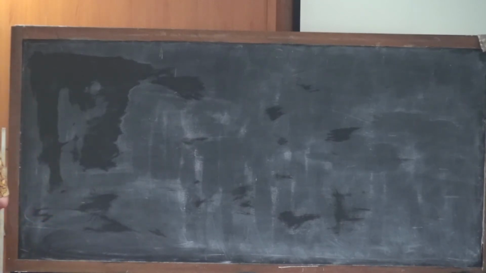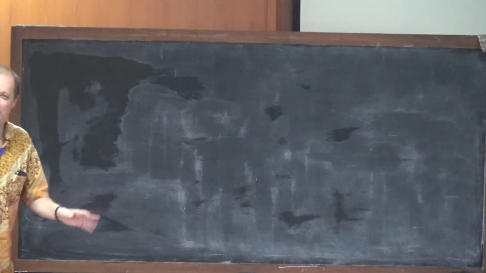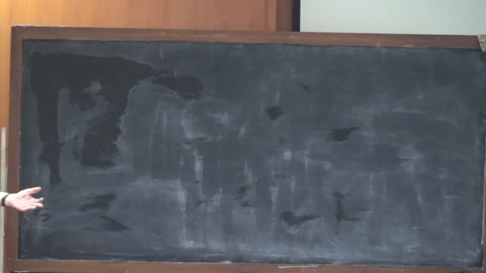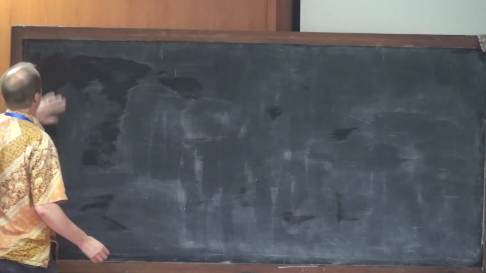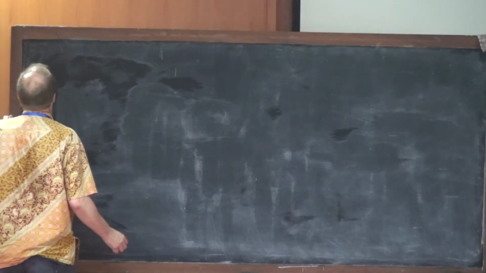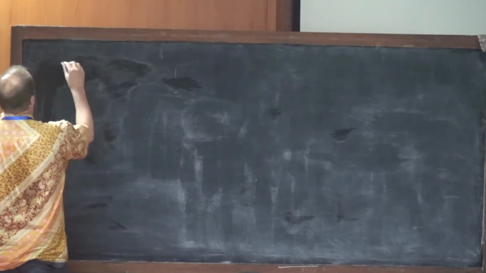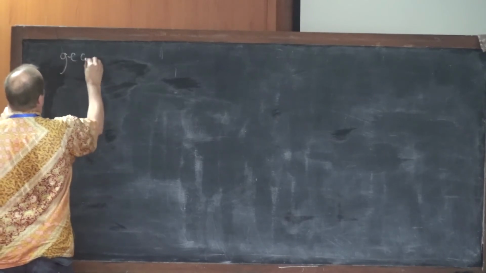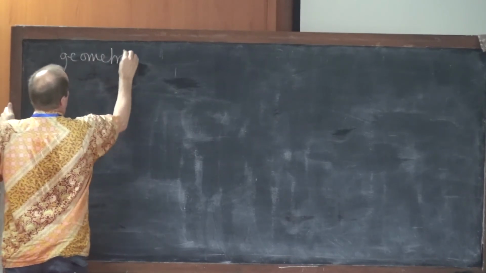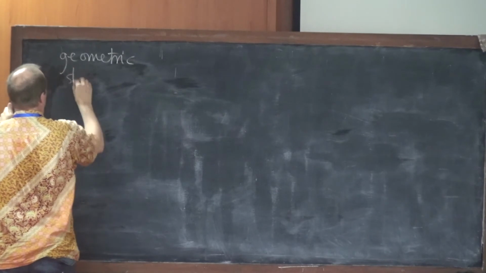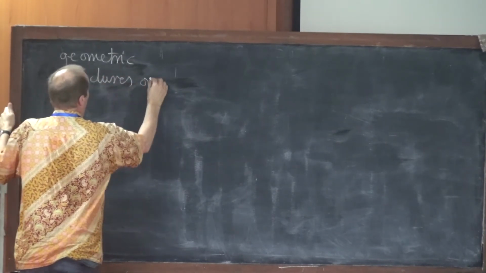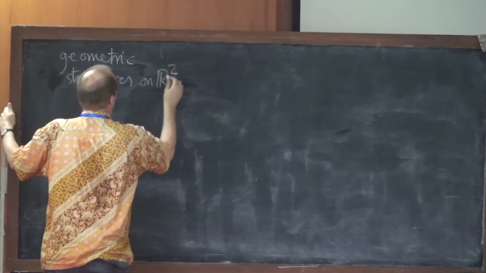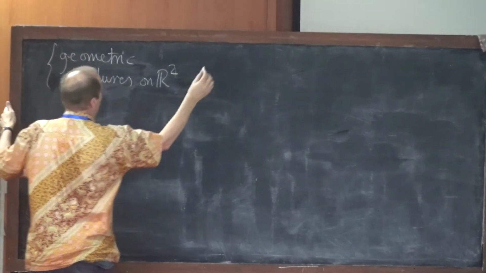Now my lecture becomes a bit vague, but the examples will be concrete. Take geometric structures on R2. We can look at the set of those, whatever we mean by that.